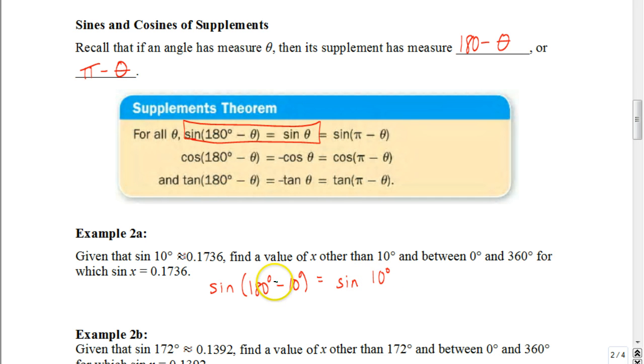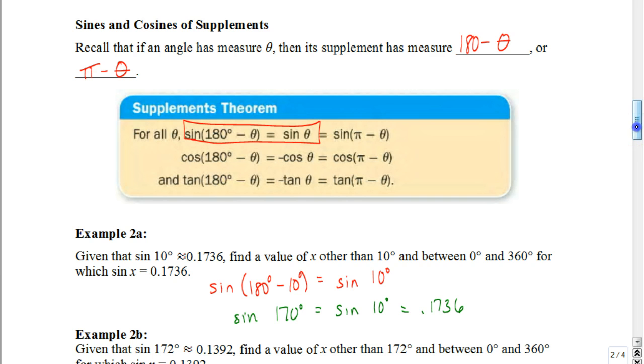So in other words, 180 minus 10 is 170. So the sine of 170 degrees equals the sine of 10 degrees, so that means the sine of 170 degrees is also equal to 0.1736. So that's how you can find another angle that has the same sine value.